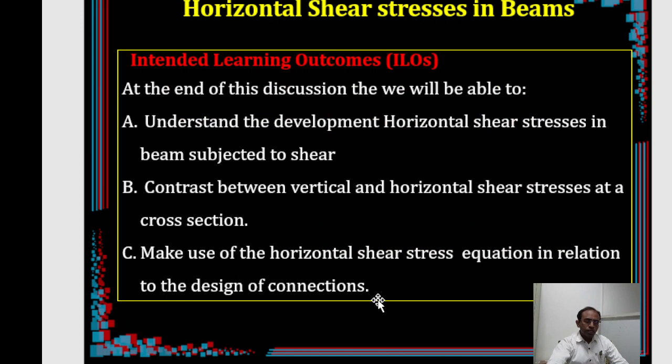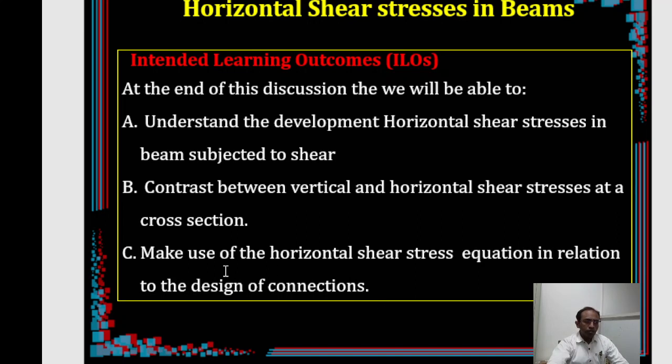So at the end of the discussion, our targets will be to understand the development of horizontal shear stresses in the beams, contrasting between the vertical and horizontal shear stresses at a particular cross section, and making use of the horizontal stress equation for the design connections, right?